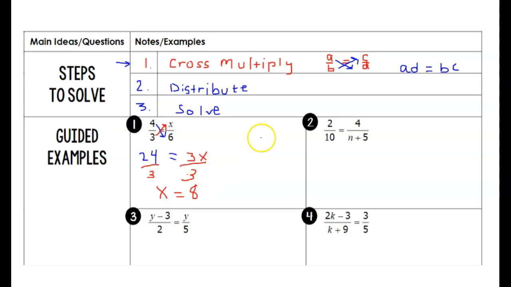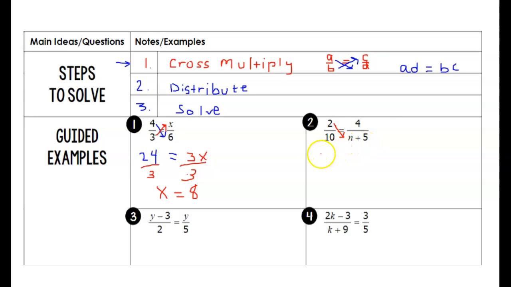Okay, so even though this fraction is a little more complex, it is still a fraction. So I have a fraction here, 2 over 10. It's equal to a fraction here, 4 over n plus 5. So these fractions are still set equal to each other, which means I have a proportion, which means I need to cross multiply. Okay? I'm going to multiply a 2 times a n plus 5.